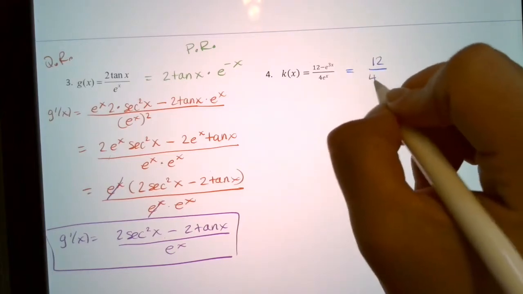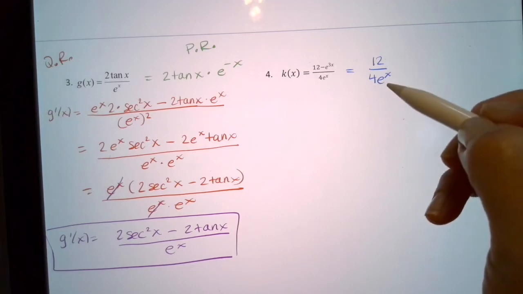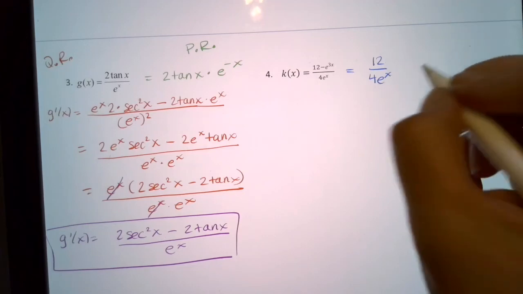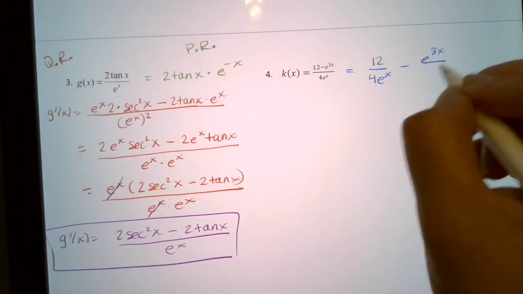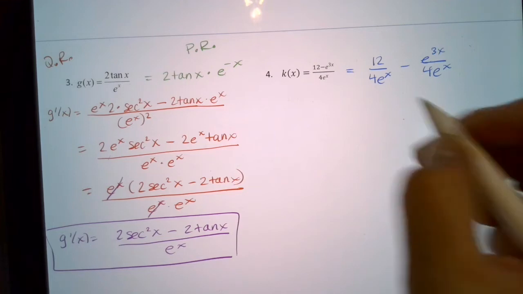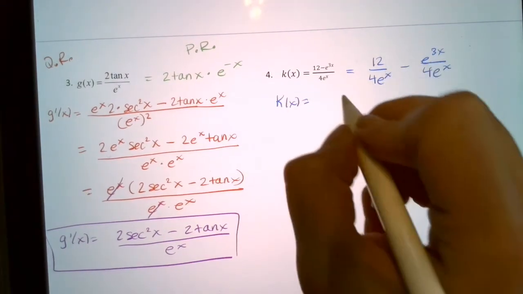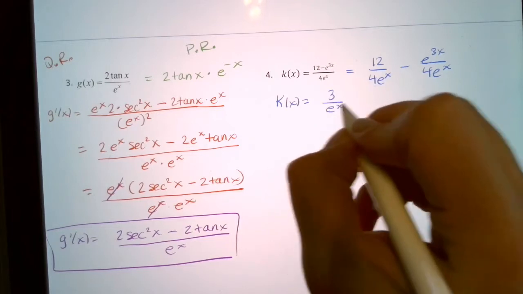Well, both of those terms are divided by the 4e to the x. 12 is divided by the 4e to the x, and the e to the 3x is divided by the 4e to the x. So why not just do that? Like, let's split it apart and handle it term by term. I don't have to do the quotient rule. Great. Let's see, I'll reduce that. That would be 3 over e to the x.